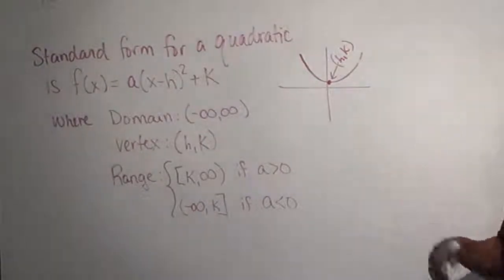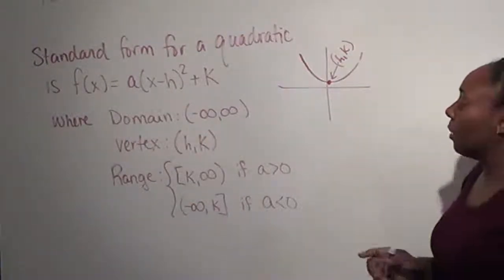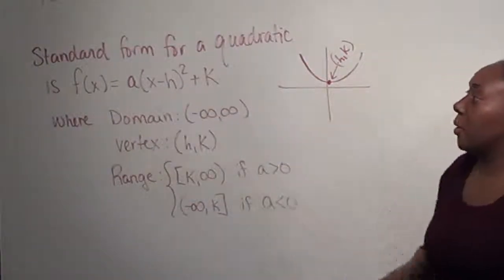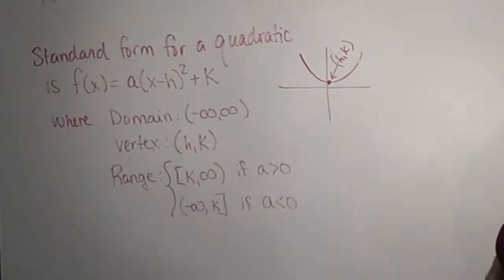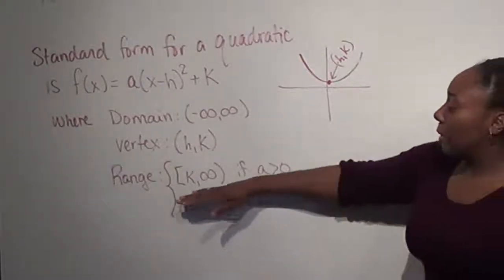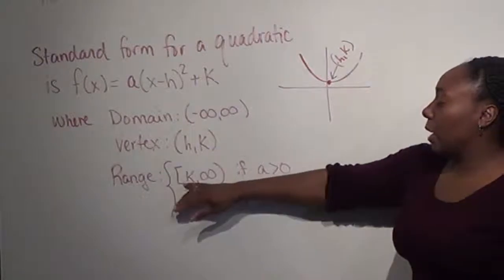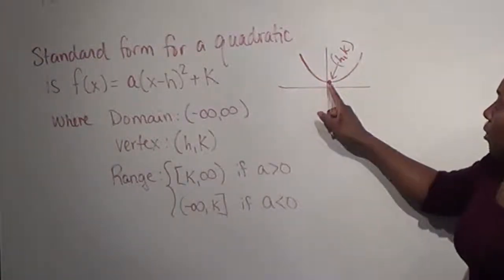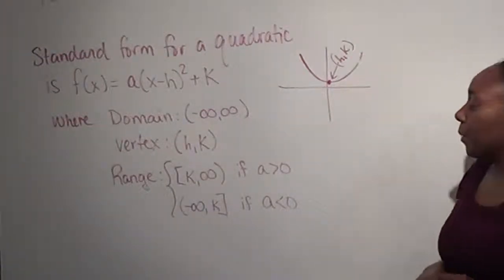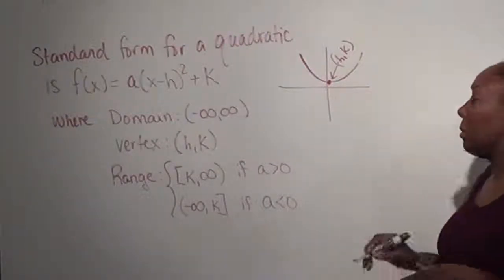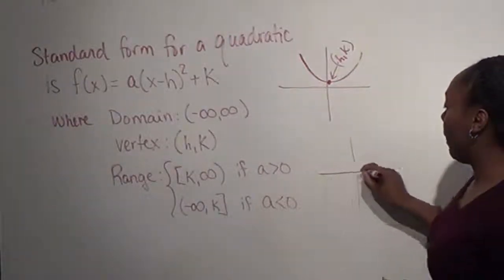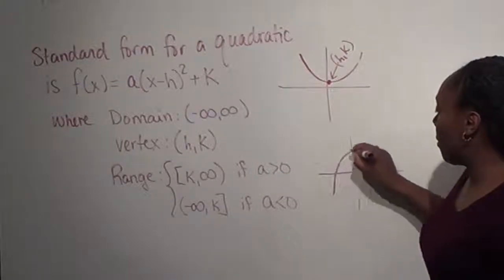And in this particular instance, I'm just looking at one where my a value is greater than 0, so it's opening upward, which tells me that my range is going to be from k to infinity, meaning from this point up to infinity.